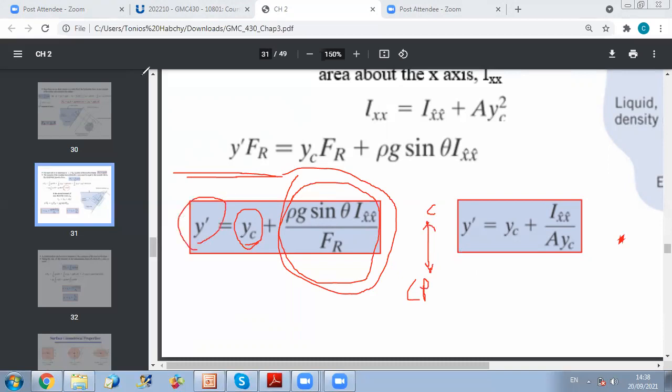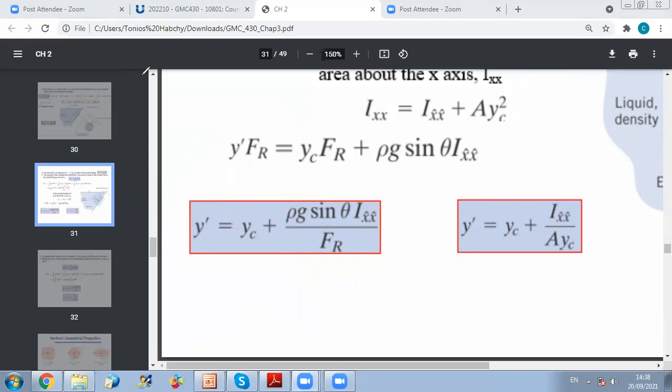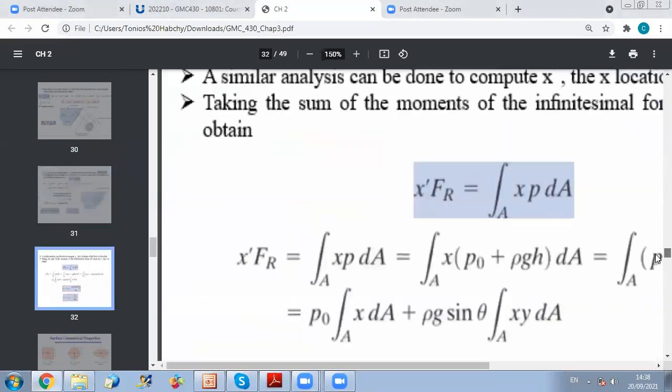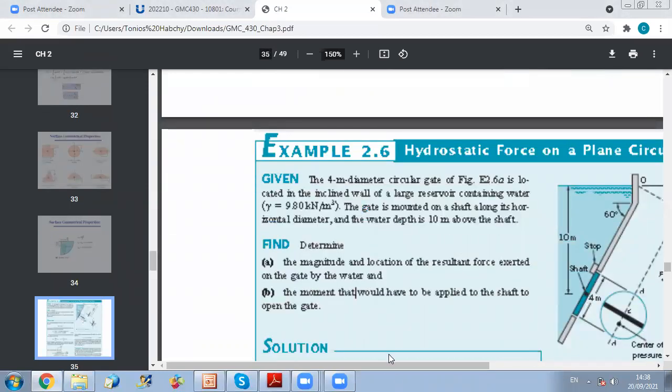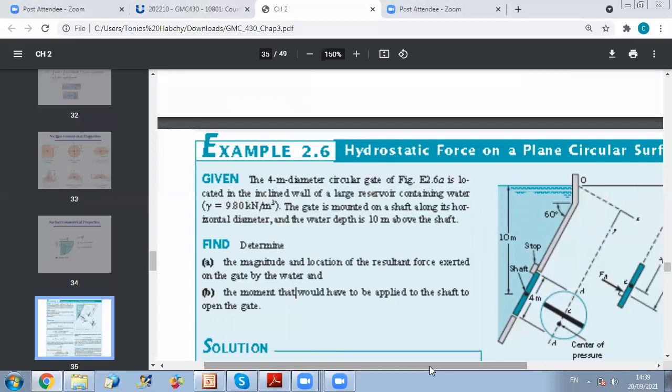So let us see how we can apply this, going back to the figure. This is the free surface. If I want to locate the position of the center of pressure from the free surface, my axis Z is perpendicular to the plane of the surface of interest.